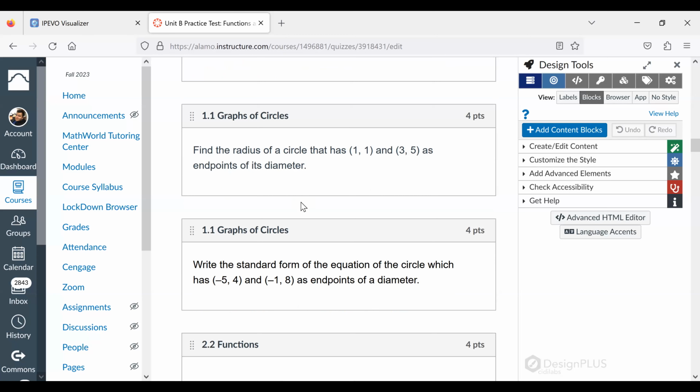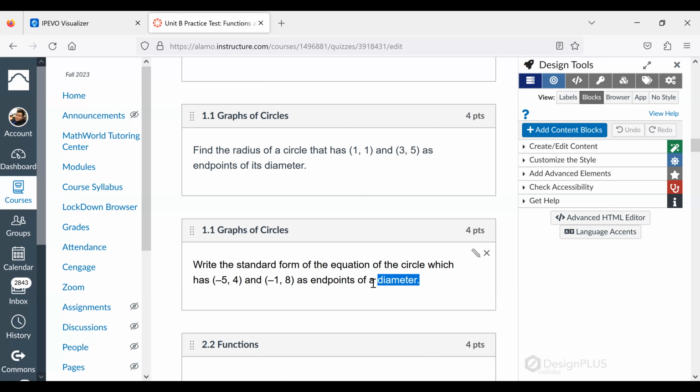Do you remember? I think 8 was the hard one. This is the one where we had to find the distance between the 2 points to find the diameter.